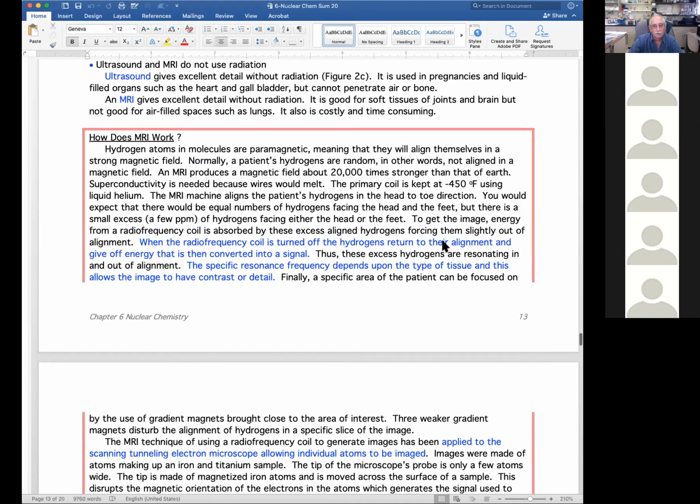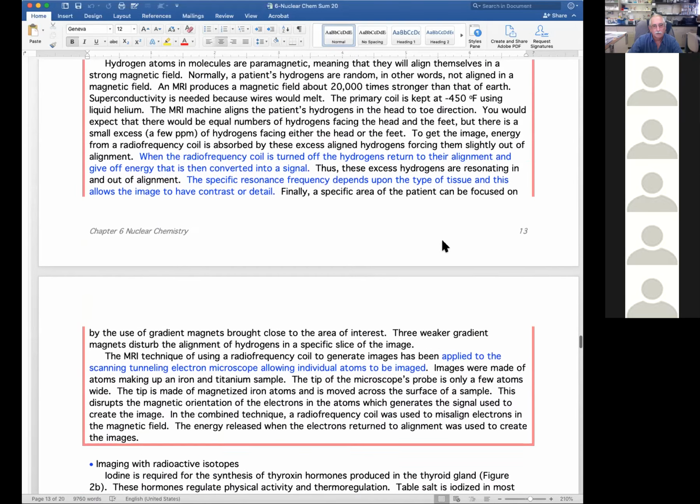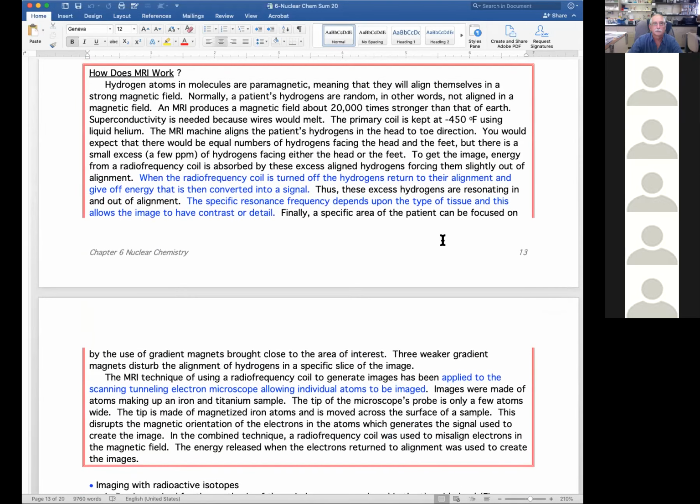So I tried to explain how an MRI works, and it's quite complicated. I did the best job I could. But here's the idea. Hydrogen atoms have an odd number of protons.